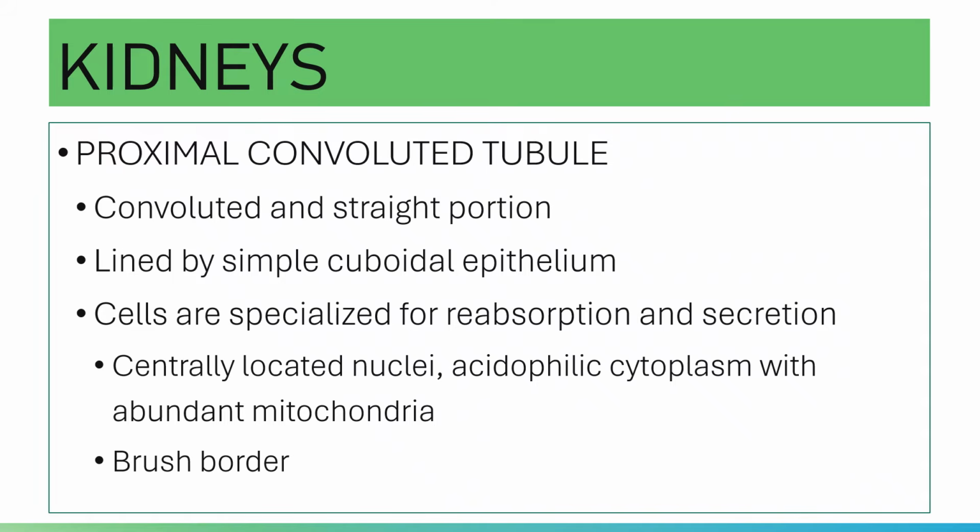The apex, or the portion located at the lumen, of your PCT cells has very long microvilli that form a prominent brush border. So yes, cells of your PCT have a brush border. Of course, this brush border facilitates reabsorption.